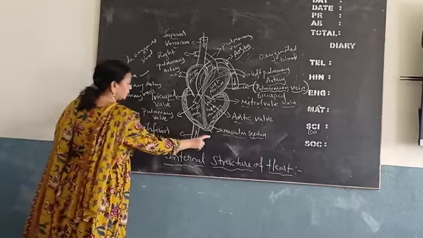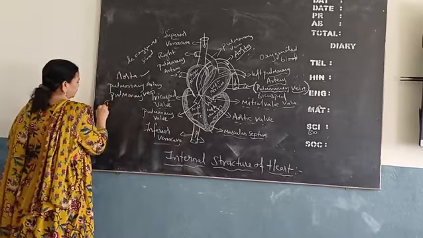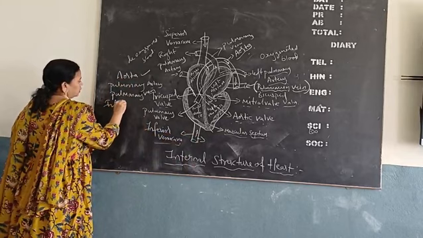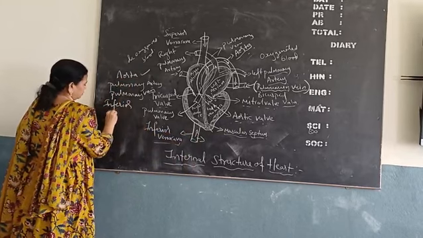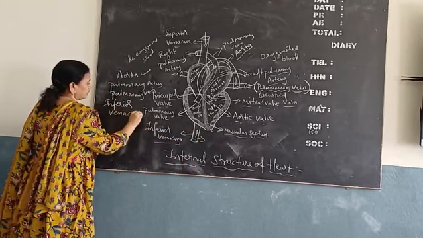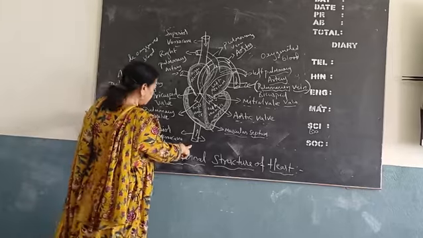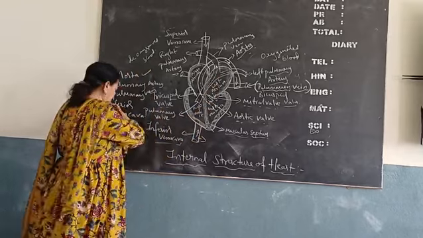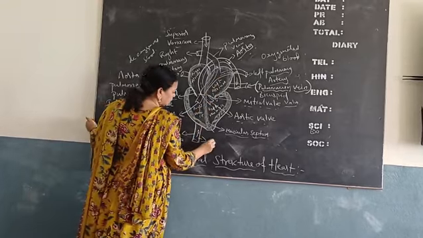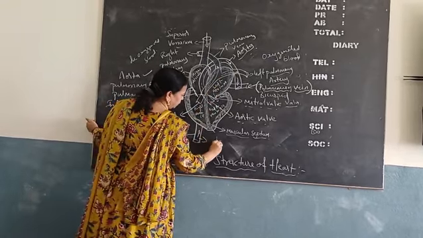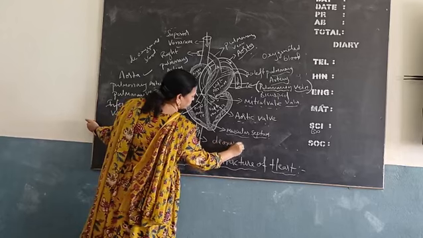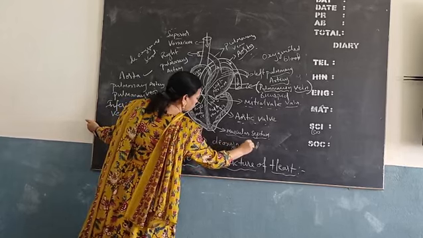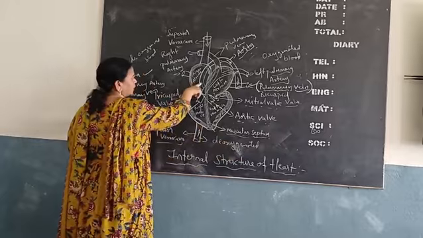Okay, next one is the inferior vena cava. The inferior vena cava is the largest blood vessel after the aorta. It brings the deoxygenated blood from the lower part of the body towards the right atrium.